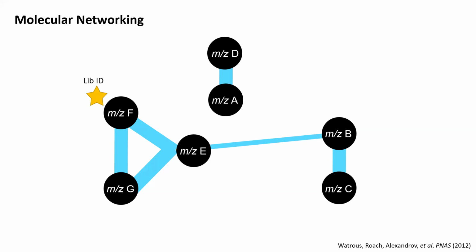Because if we know that for this node we have a library ID, and as he said, a perfect match, from the difference between these nodes, we can also try to understand which kind of molecules we have here. So we started not knowing anything, and now we know 3 molecule IDs. That's the important thing about molecular networking.